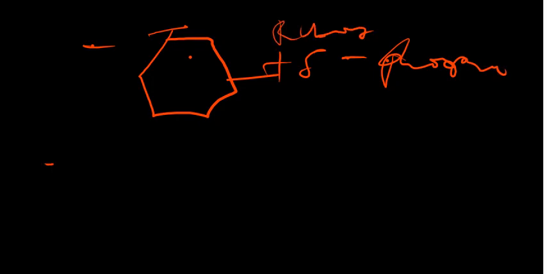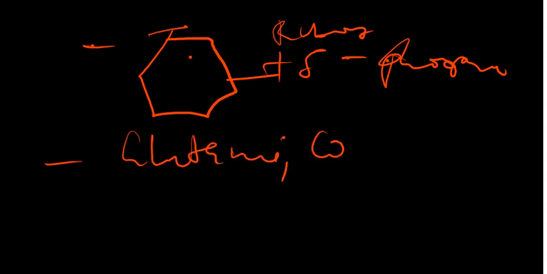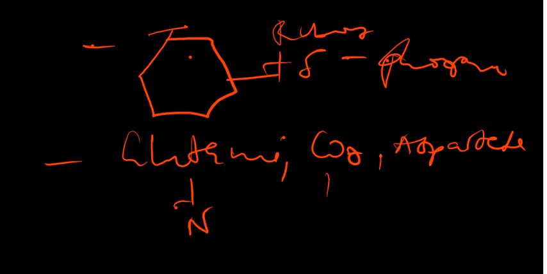Then the amino acid glutamine, as well as carbon dioxide and aspartate, furnish all the nitrogen atoms and the carbon. Glutamine and aspartate give nitrogen, and carbon dioxide gives carbon. The first pyrimidine to be formed is UMP, and from this UMP all other nucleotides are synthesized. So that's it for this lecture.